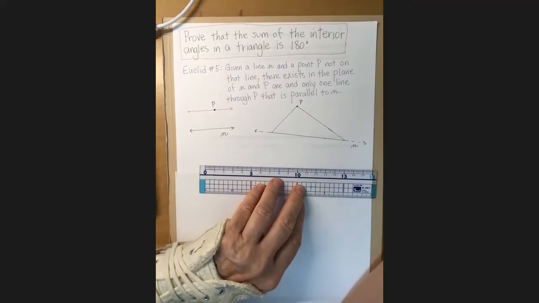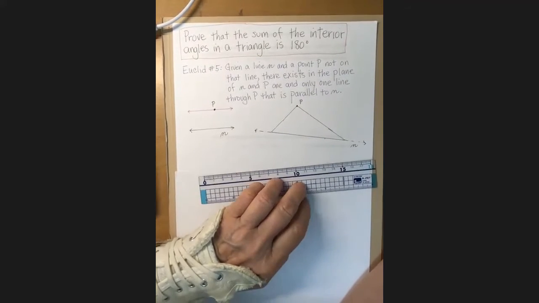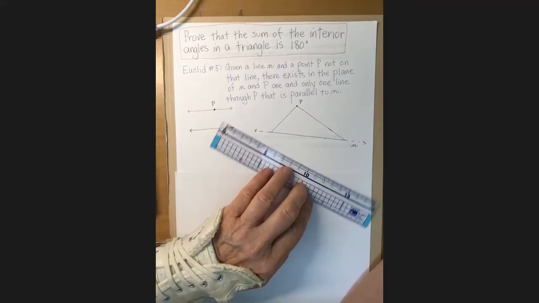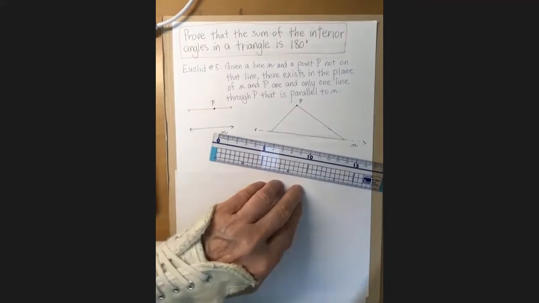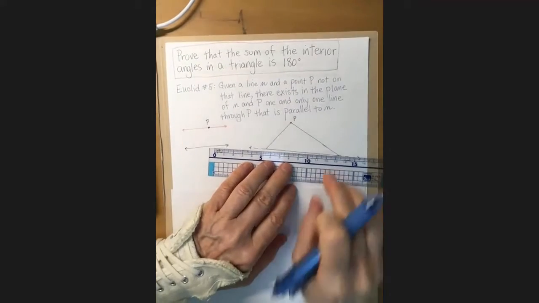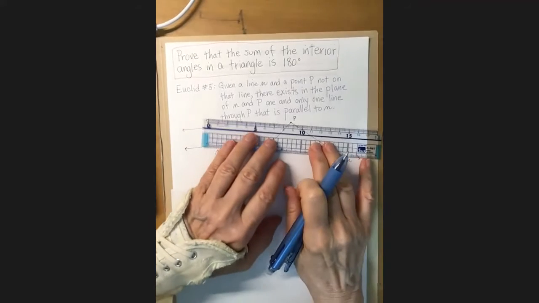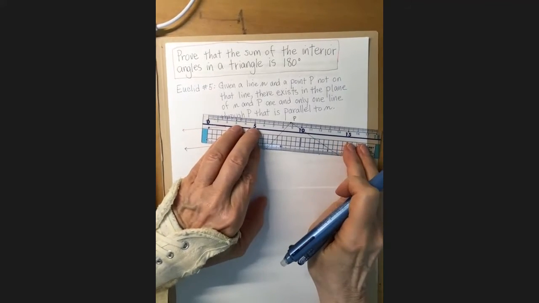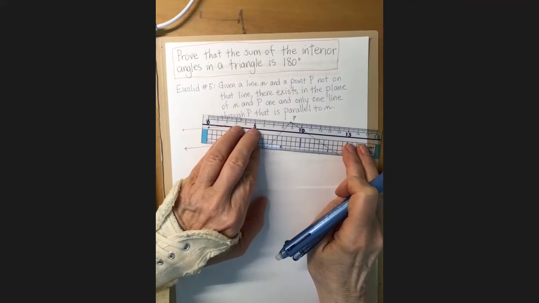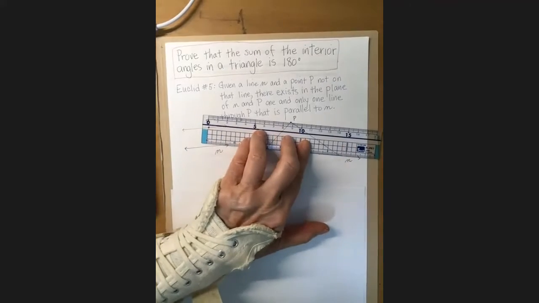And therefore, there is one and only one line through the vertex of that triangle that is parallel to the base of the triangle. And again, using this ruler, it's almost exactly the width of the ruler. How did I do that?